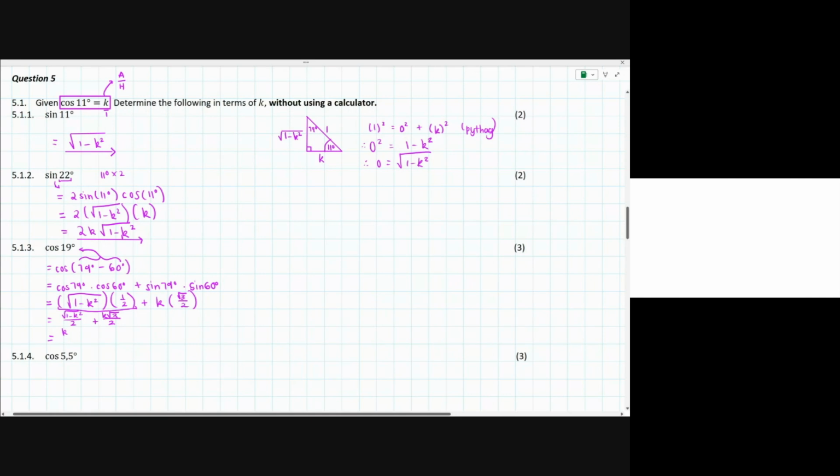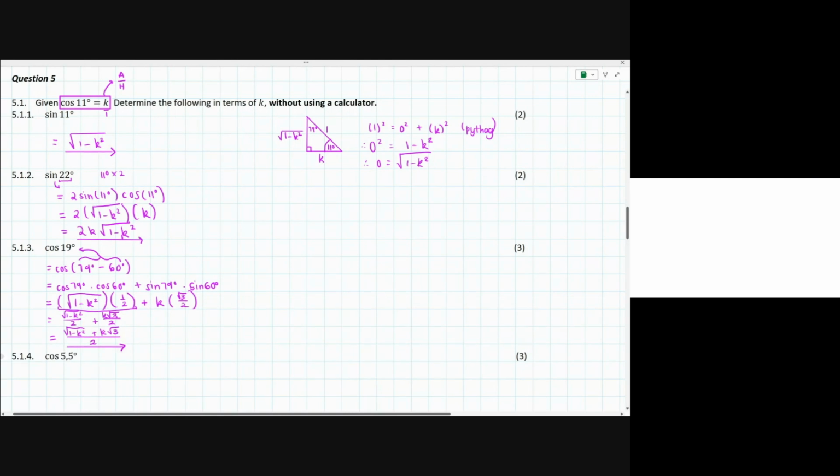Let's try again, sorry. So I've got root 1 minus k squared plus k root 3, all over my LCD of 2. Not the nicest looking answer by any shape, stretch, or form.